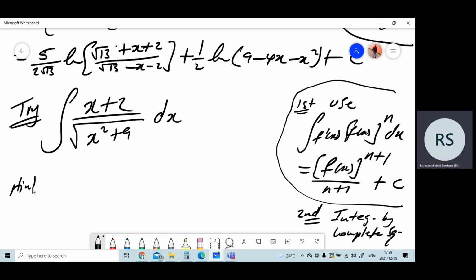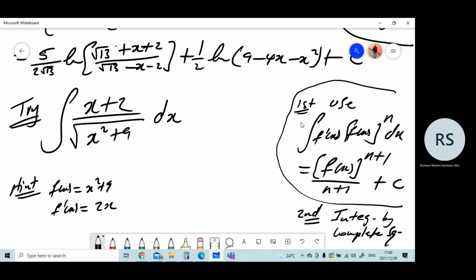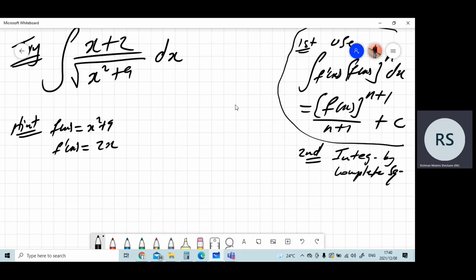Just to give you a hint. You take f of x as x squared plus 9 and check the derivative with numerator is 2x. Okay. Let me split it for you.